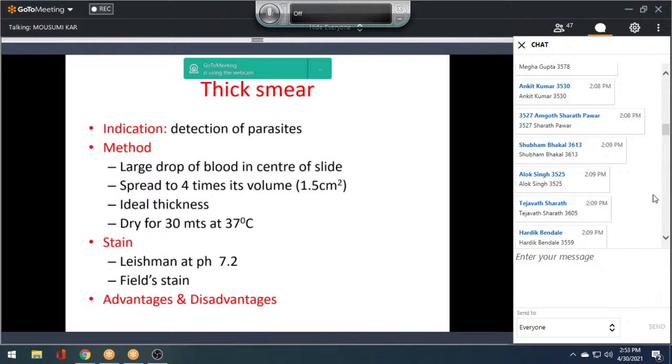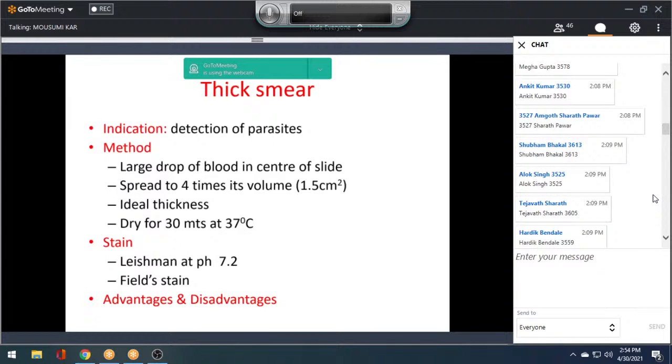You'll see the different stages which are present. So this 7.2 pH will bring out the contrast in the malarial parasite. So remember this also, 7.2 is used when you are looking for malaria. 6.8 is the routine ideal pH.